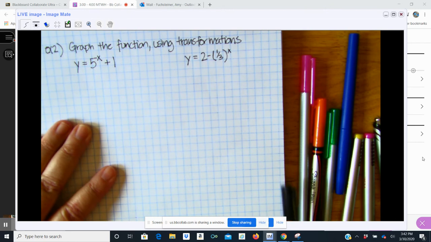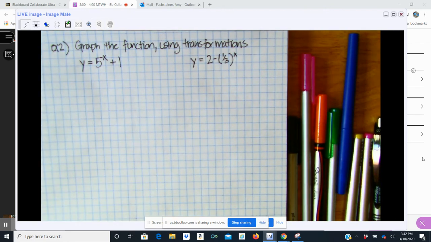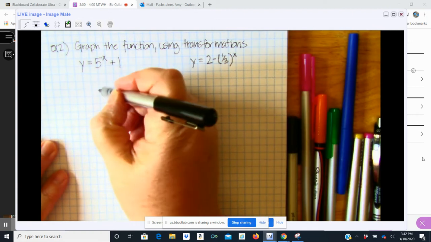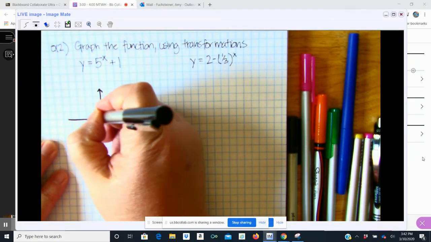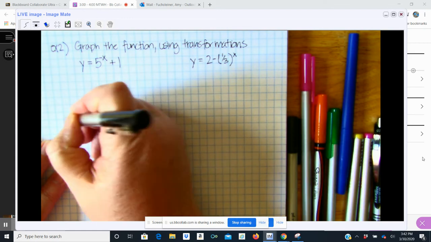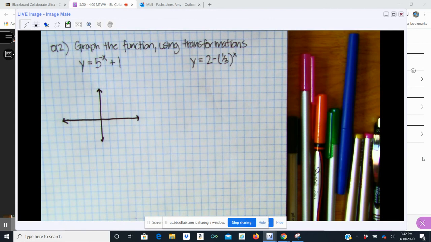All right, so let's try those two and see how it goes. Okay, so we're going to do a quick graph of this, y equal 5 to the negative x plus 1.